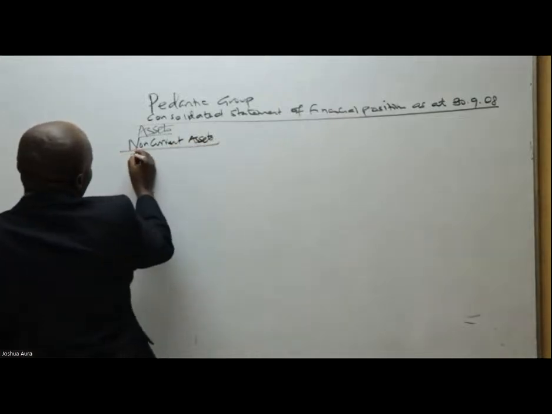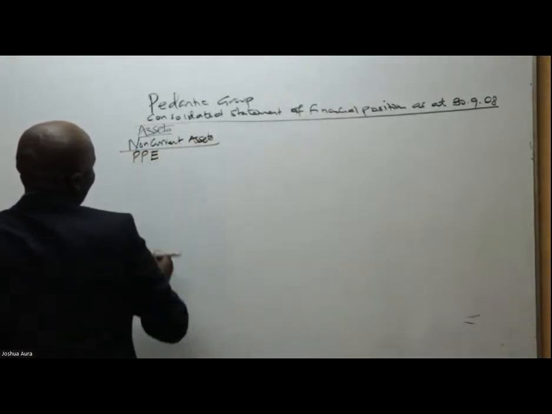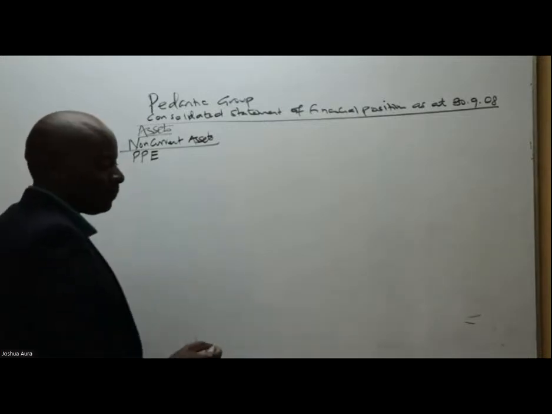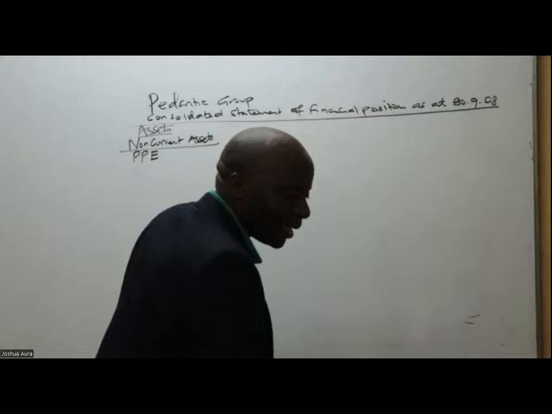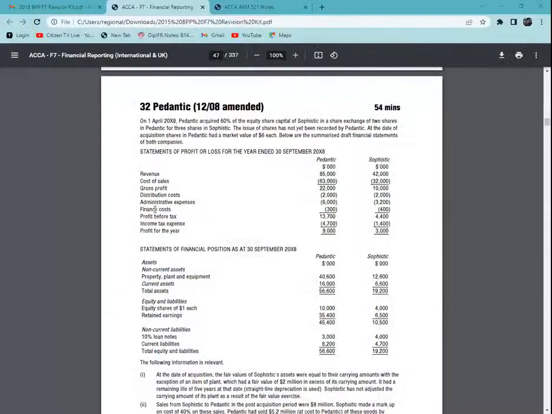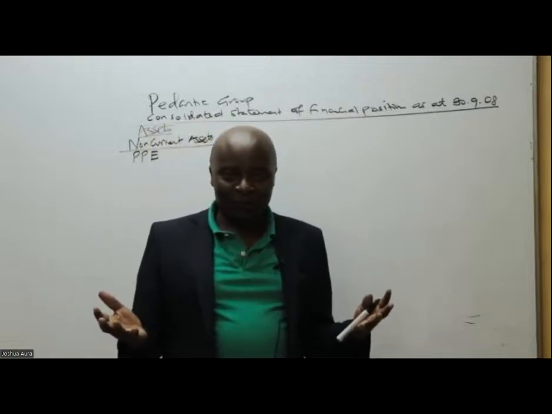The first one is property, plant and equipment. And in the non-current assets, even if I'm not told, so long as I've got subsidiaries, I must create a provision of goodwill for my subsidiaries.